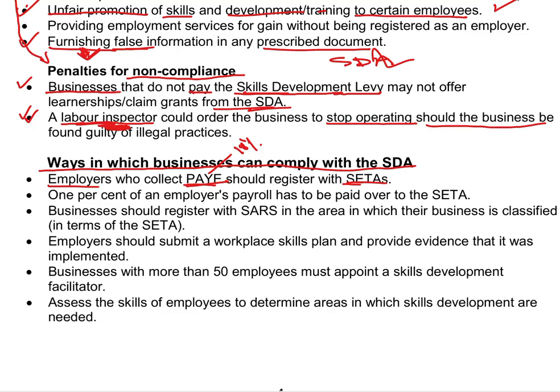So they collect a skills levy from businesses, SETAs, right? It's like a payment that we should be paying to SETA. So they use that skills levy to fund training and development for workers.